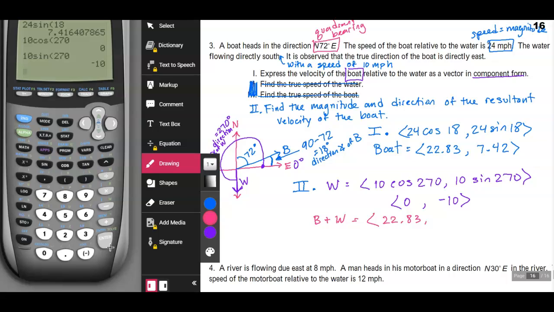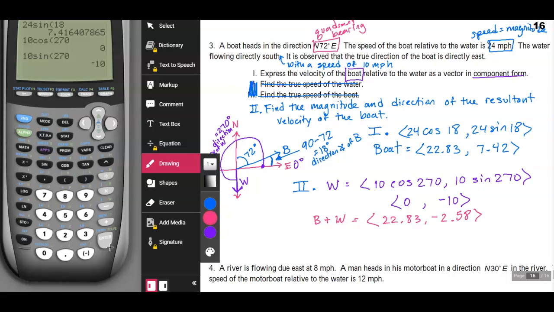And then we have 7.42 minus 10, it's negative 2 point, does anyone know? 7.42 minus 10. 6.8? 5.8, yeah, 5.8. Close.